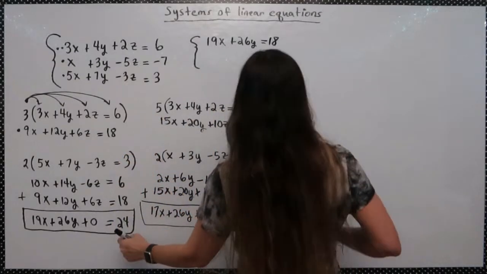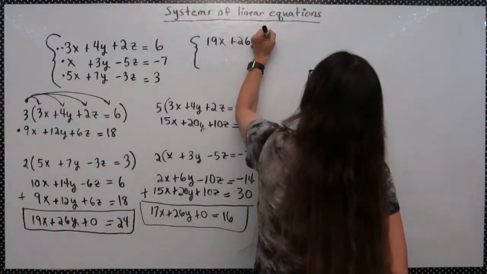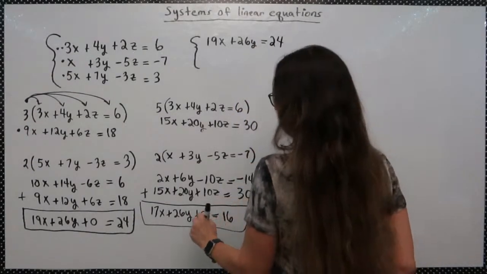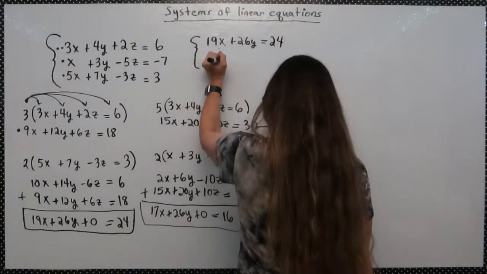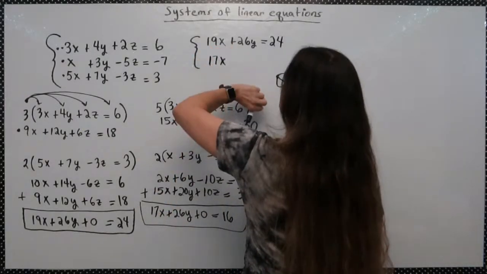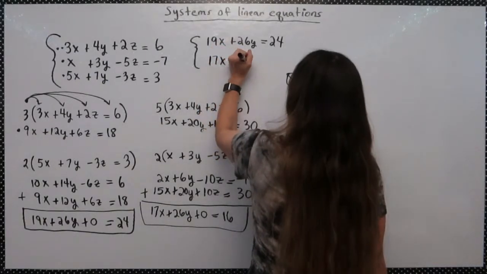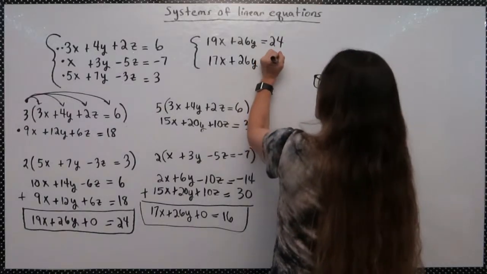Just kidding, it equals 24. Let me not mess that up. 24. And we have this one here, 17x plus 26y equals 16. And that's perfect.